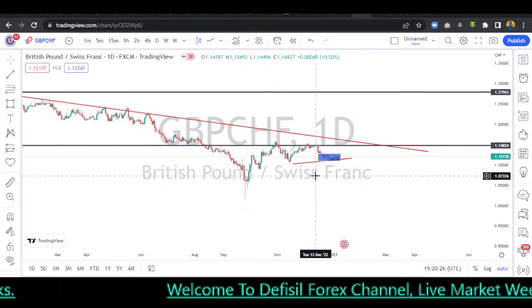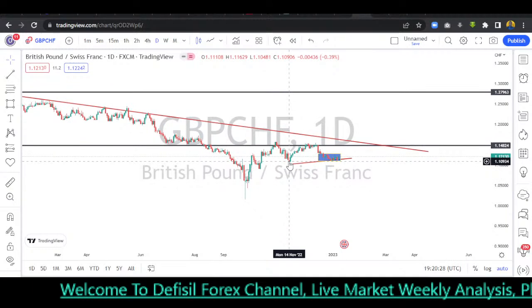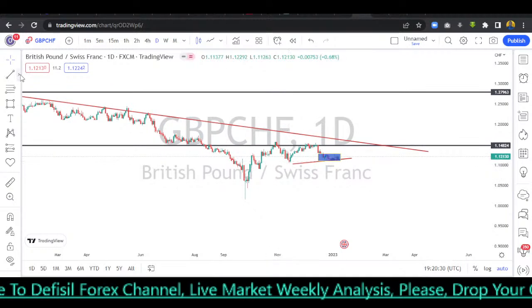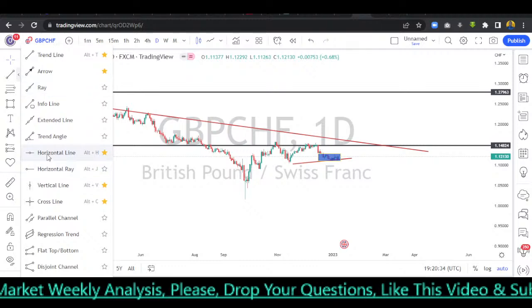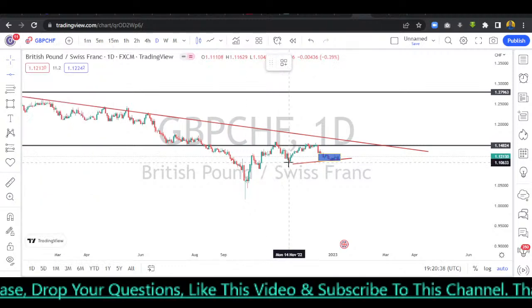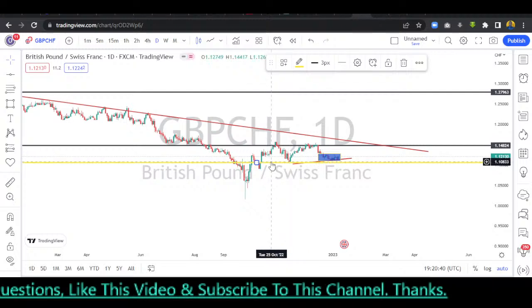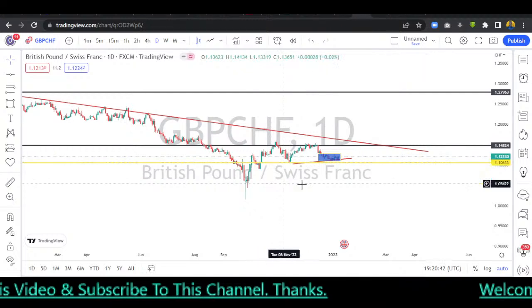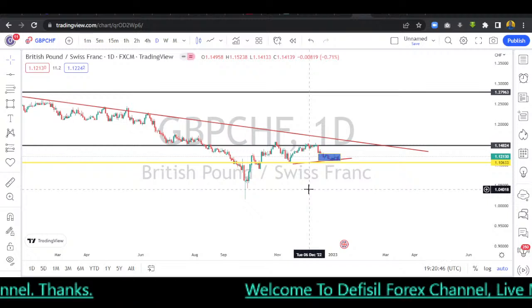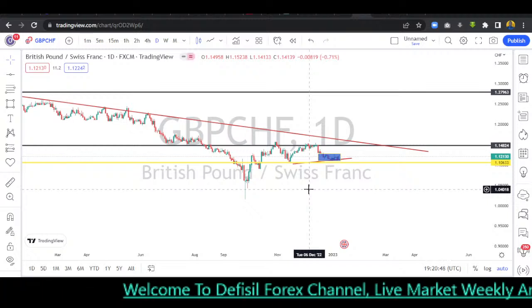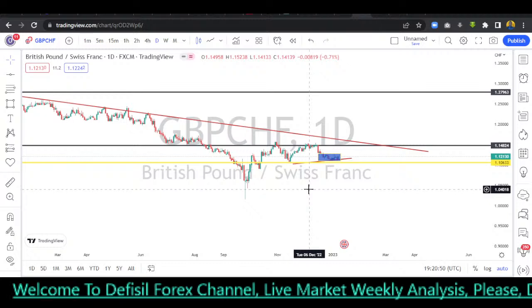However, we should not neglect this level. Let me put a horizontal line there. Should it happen that this market trades below this level, we should look for an opportunity to take a buy in the market.